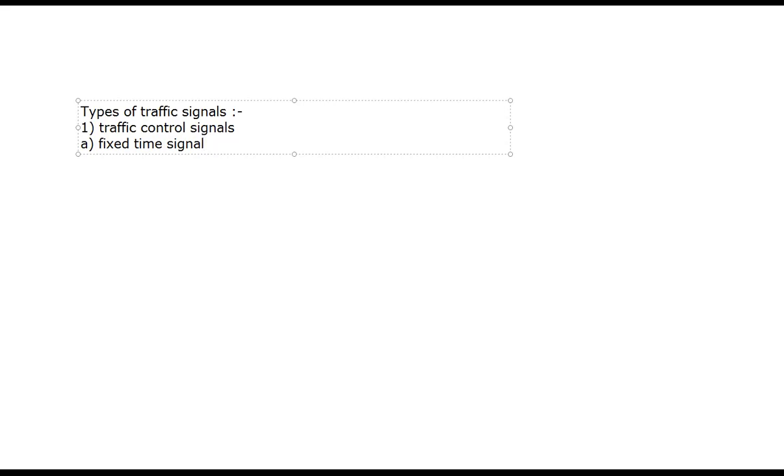So in a fixed time signal, the timing of each phase of the cycle is predetermined based on the traffic studies. But the main drawback of such type of signal is that sometimes the traffic flow on one road is almost nil, while on the other road it is quite heavy.